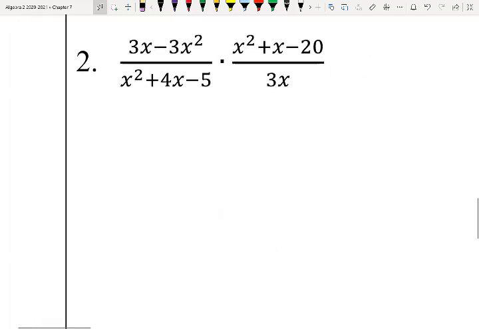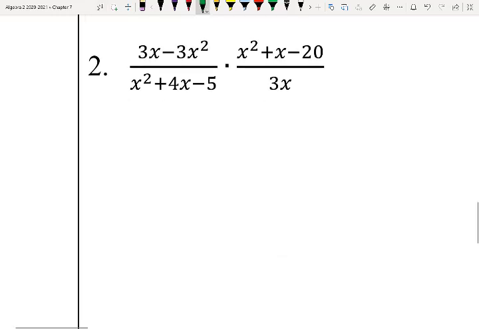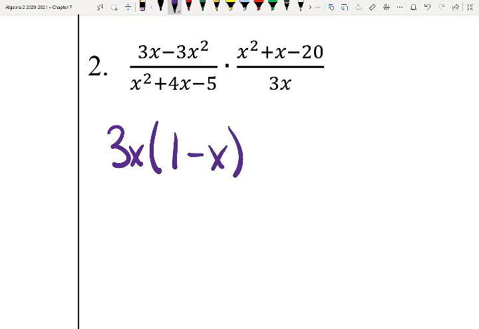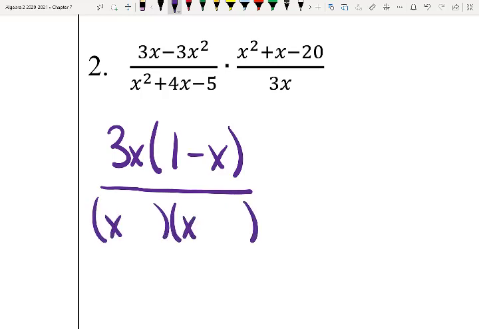So up top on my first fraction, they've got a 3x in common. That gives me 3x times 1 minus x, if I just take a GCF out. In my denominator, x squared plus 4x minus 5. I'm trying to figure out what two things multiply to give me negative 5 but add up to a positive 4, which would be positive 5 and negative 1.